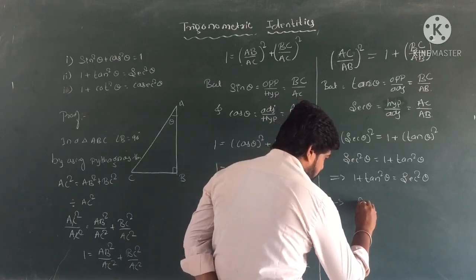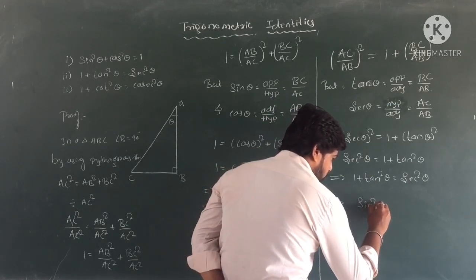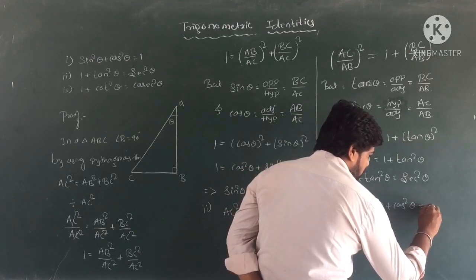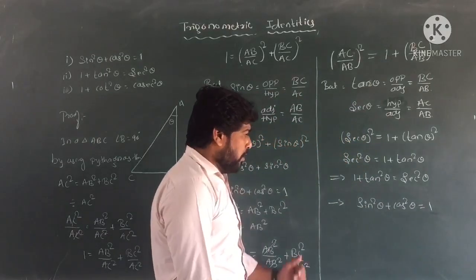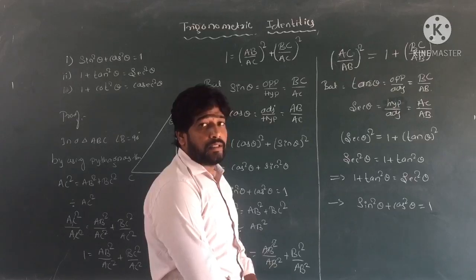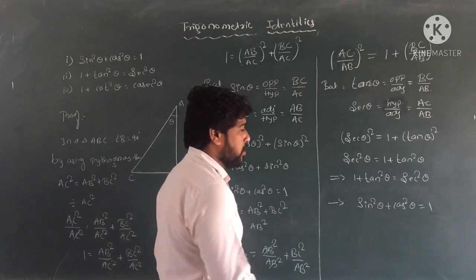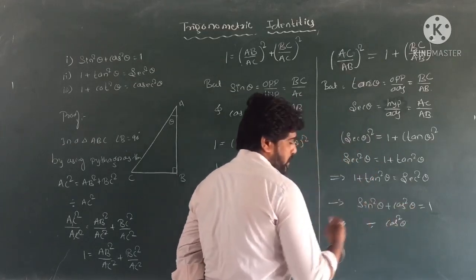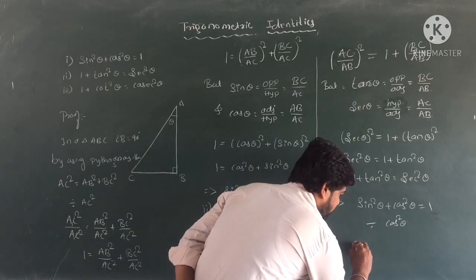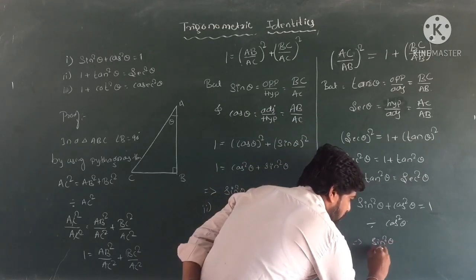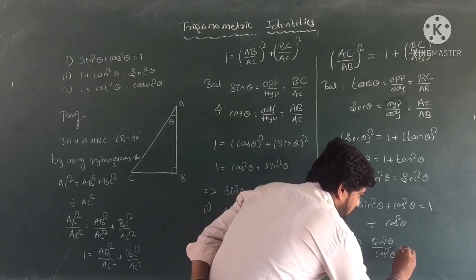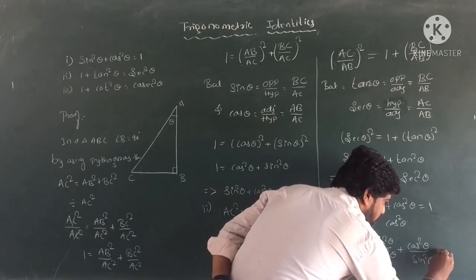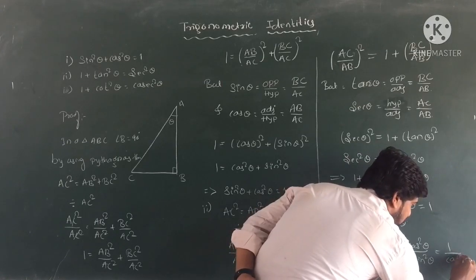Here we have the identity sin square theta plus cos square theta is equal to 1. The whole equation divided by cos square theta. So now it becomes sin square theta divided by cos square theta plus cos square theta divided by cos square theta is equal to 1 divided by cos square theta.